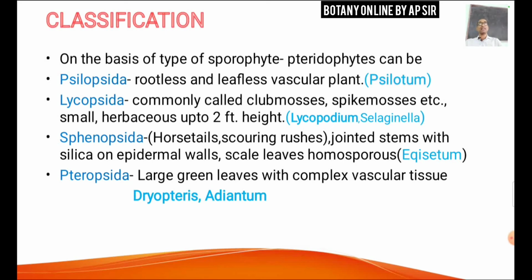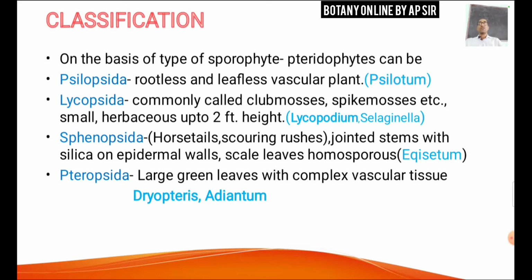An example is Psilotum. Lycopsida includes small herbaceous plants which attain a height of up to 2 feet. Examples are Lycopodium and Selaginella, commonly called club moss or spike moss.